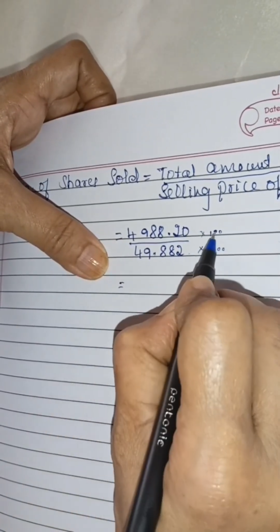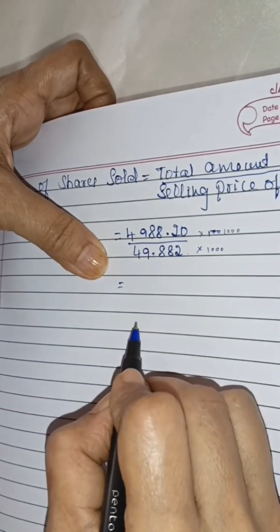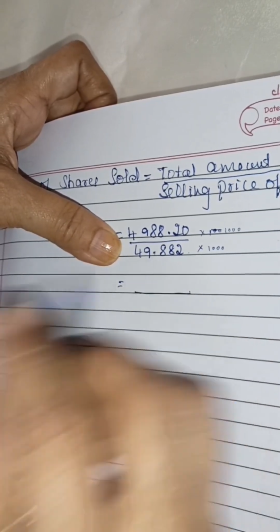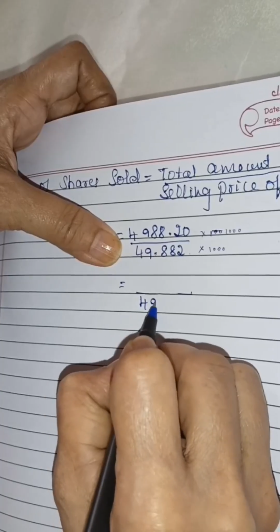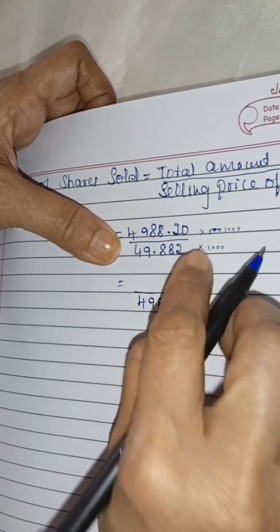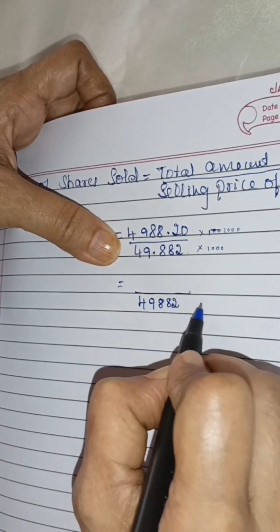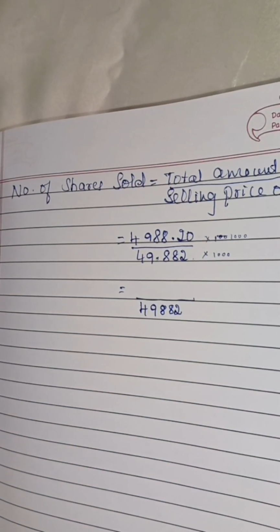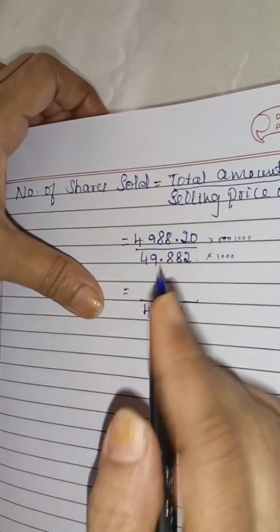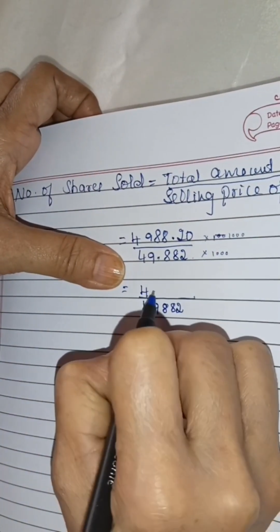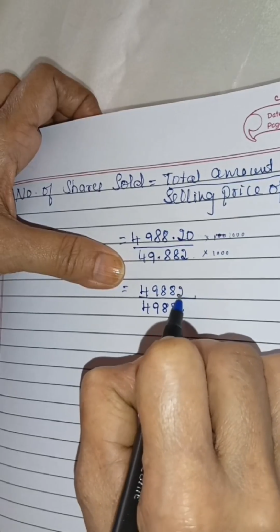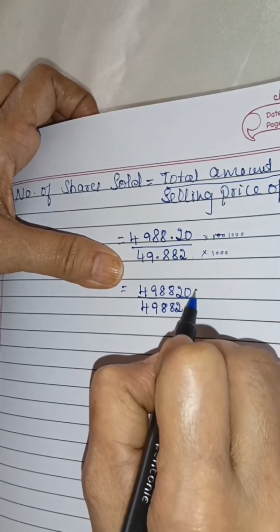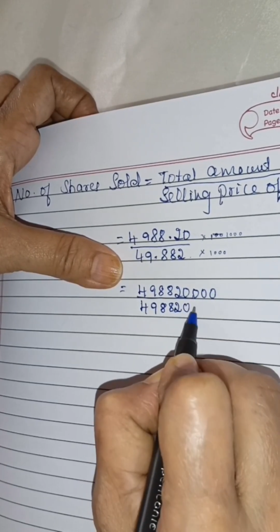In the denominator, 49.882 becomes 49882, the 3 digits go. The numerator 4988.20 becomes 4988200.